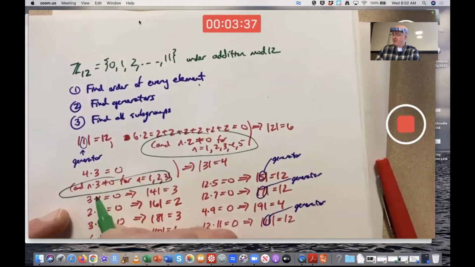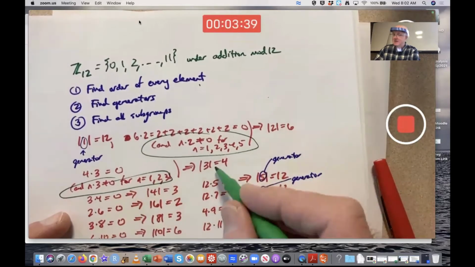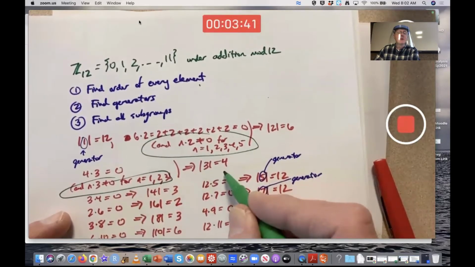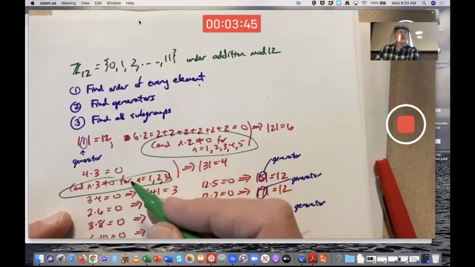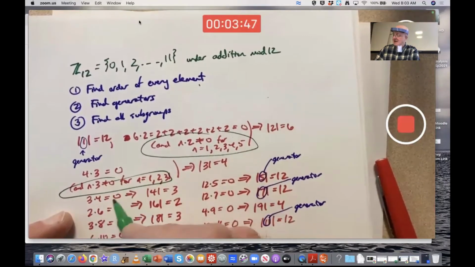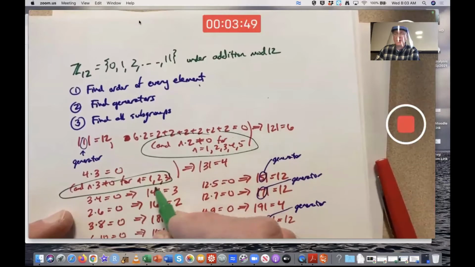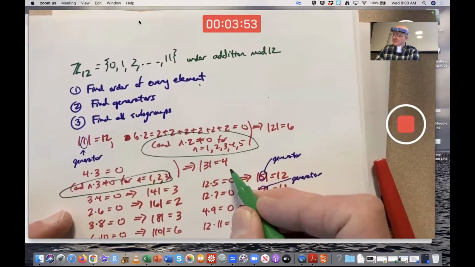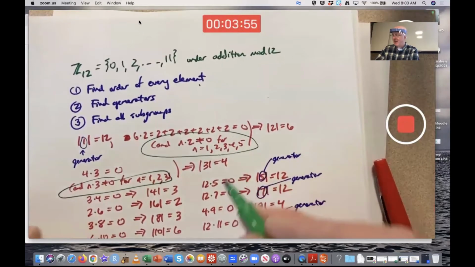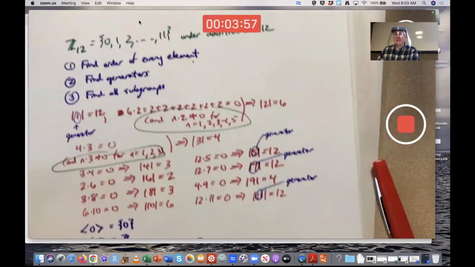The order of 3 is 4. 3 added to itself 4 times is 0, but also no smaller multiple of 3 gives you 0. Therefore, the order of 3 is 4. Not bothering to say those things for these other examples.